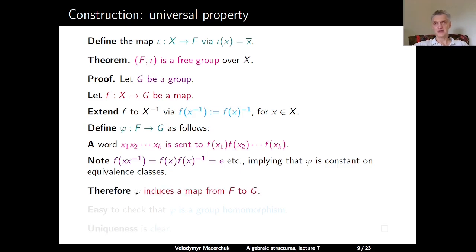But then it induces a map from F to G, because F is just the set of equivalence classes. And of course it's easy to check from the definitions, from this formula, that this is a group homomorphism. And uniqueness of this map is obvious. And this completes the proof of our theorem. So we have managed to construct a free group over any set X.